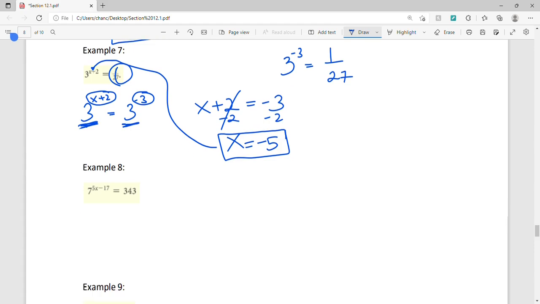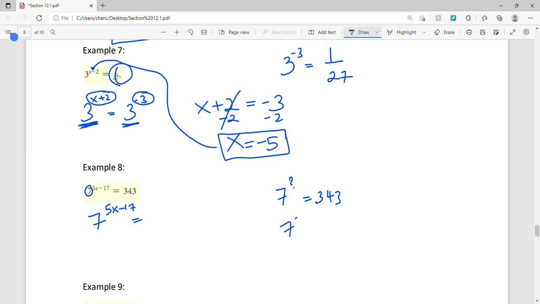In example 8, what do you think our base is going to be? Well, this is a big clue. That's 7. 7 raised to the 5x minus 17 is equal to 7 to the something that is going to give me 343. You could use your calculator to double check. I know 7 squared is too small, so I'll check 7 cubed. 7 times 7 times 7, 3 times, does give me 343.